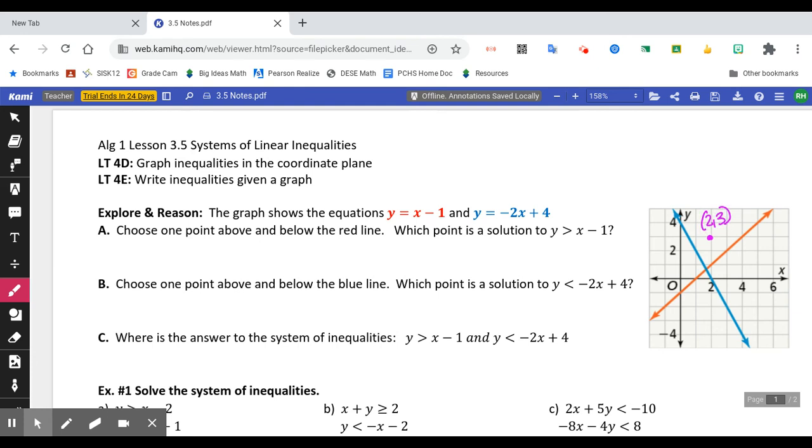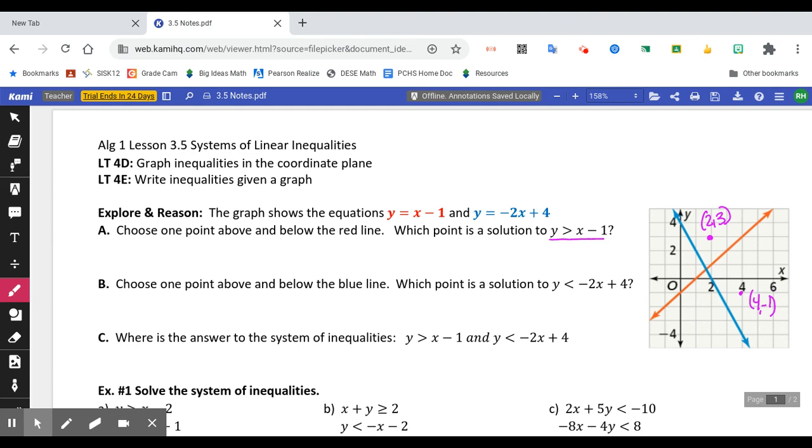And 1 point below the red line, let's say here at 4, -1.